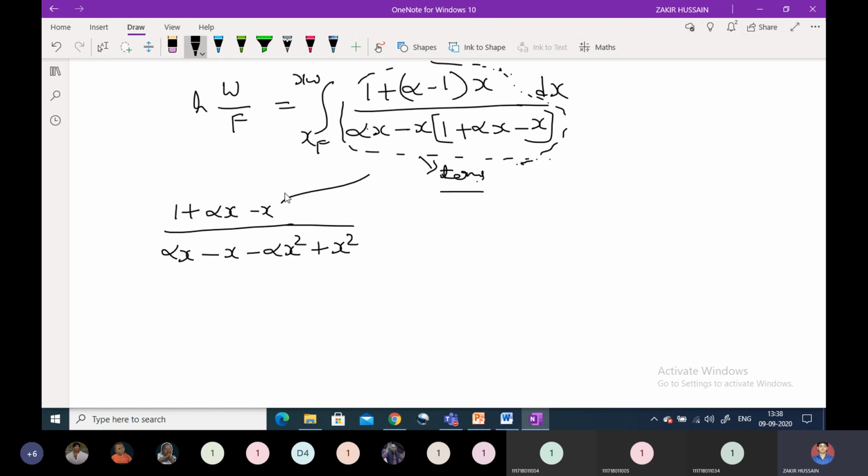So this term, whatever term is there. So now what I am doing, whatever this is there, I'm just writing 1 minus x as separate plus alpha x, I am writing.